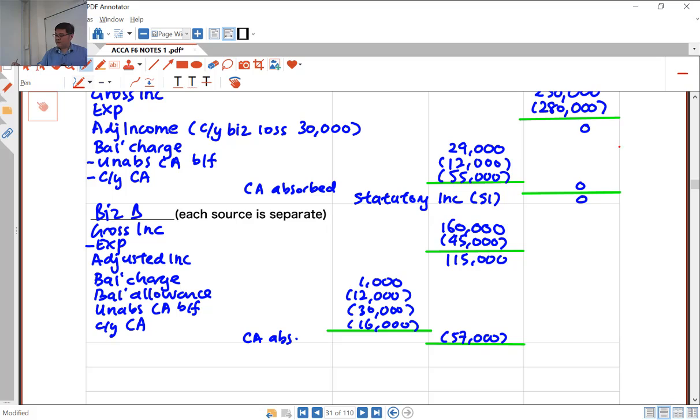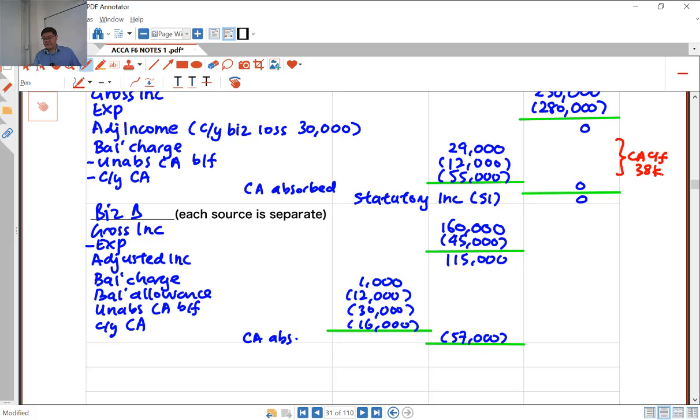Okay, so here, I got no space, so I write here. So we have CA carry forward because we didn't absorb anything at all. So how much is the CA you carry forward? You have 38, right? 38, carry forward 38.